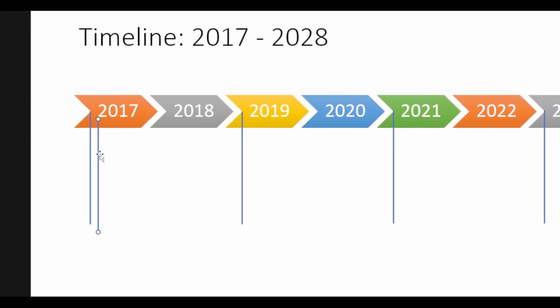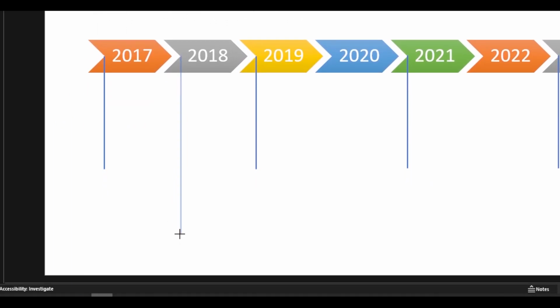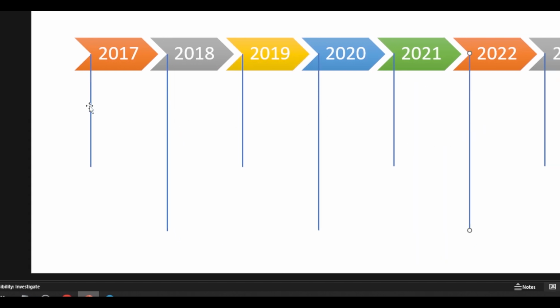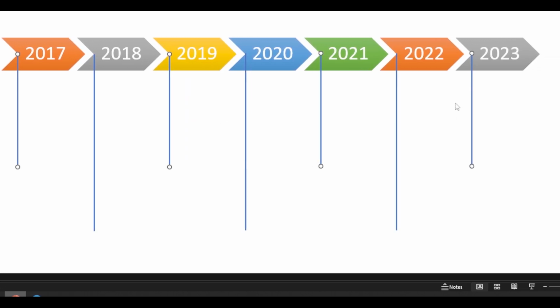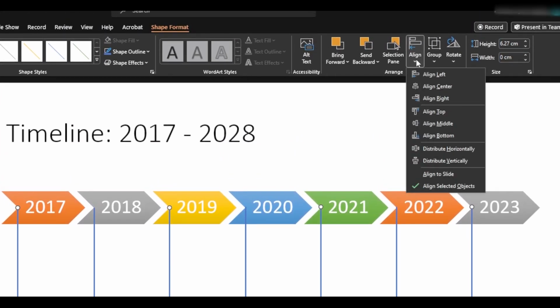Now I'm going to be adding a longer version right here for each subsequent year as well. Now let's go on ahead and select each individual line, and I'm going to be aligning them right here.